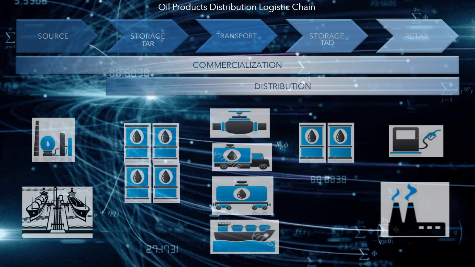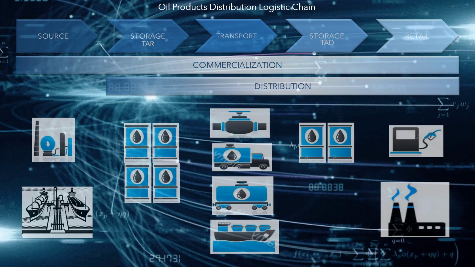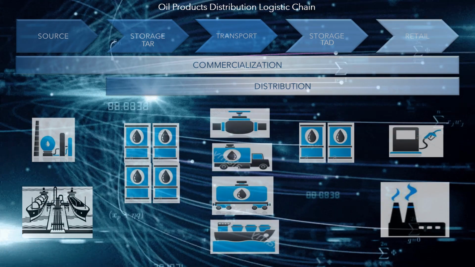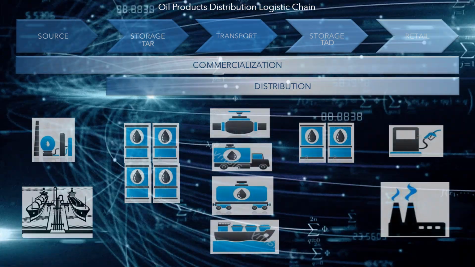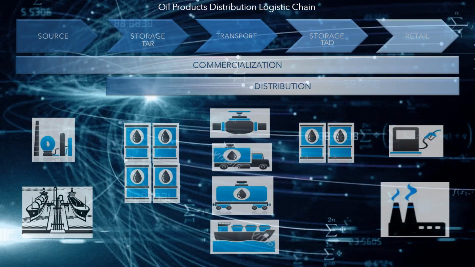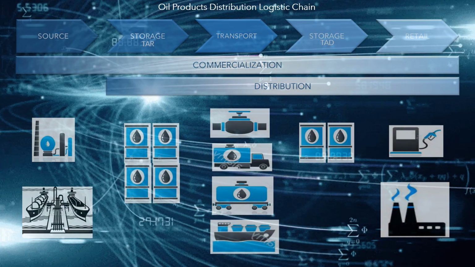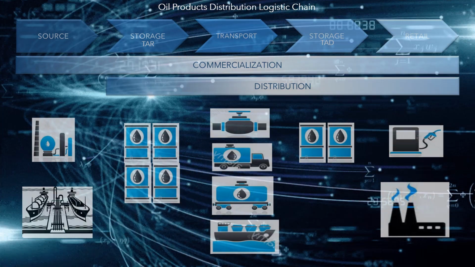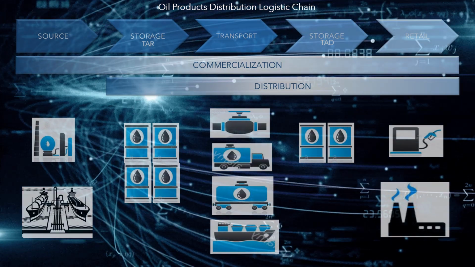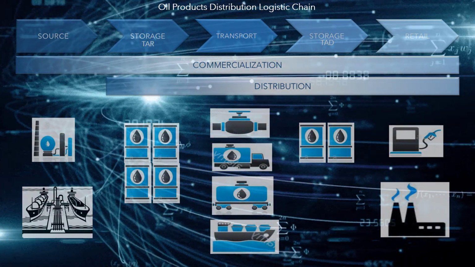The oil products distribution logistic chain has 2 major parts, or sub-chains: marketing and distribution itself. These chains are composed of the following links: source, including buy, refining, and import; mass storage, including mass storage terminal, TAR; transport, including ducts, auto tank, train tank, and tanker; dealer storage, including distributor storage terminal, TAD; and retail, including service stations, industrial, and end users.